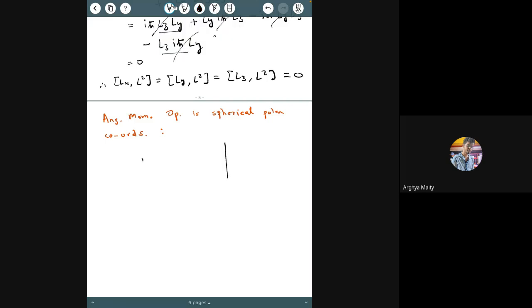So we have a coordinate system, Cartesian coordinate system, x, y, z.